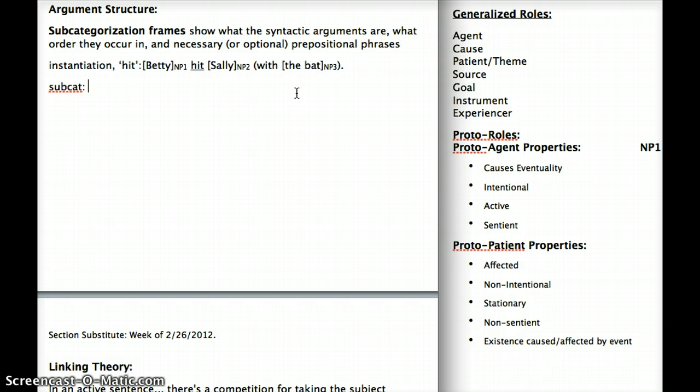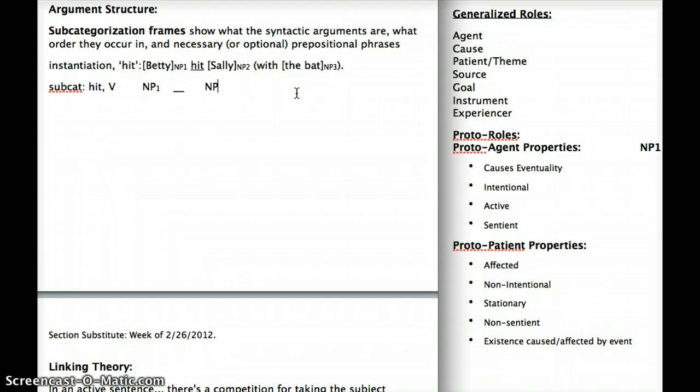So we abstract away from the first instantiation of hit here and give it a basic syntax template. So we say hit, it's a verb. There must be a subject. Then comes the verb, so we mark this with a space, underscored.